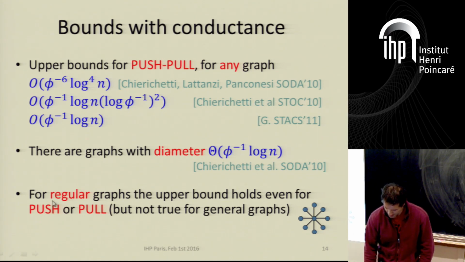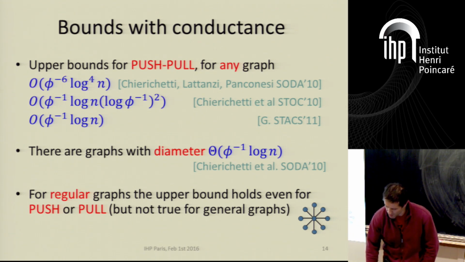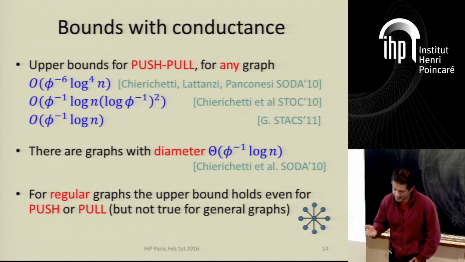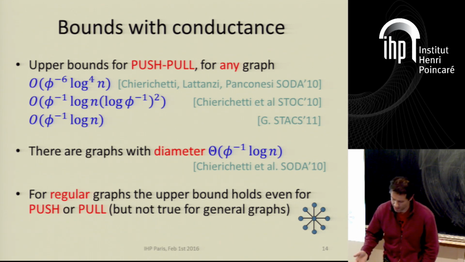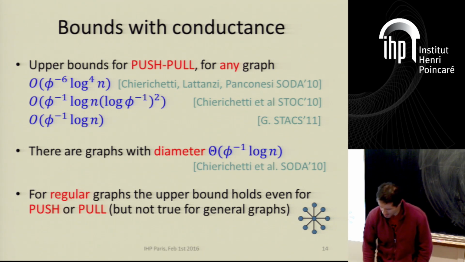But let's see how many rounds push needs to spread the rumor. Say the rumor starts from the center, or wherever. The node in the center will need to push the rumor to all the leaves of the star. There's no other way that the leaves get informed. So we need at least n minus 1 rounds. In fact, we need n log n rounds, both in expectation and with high probability.